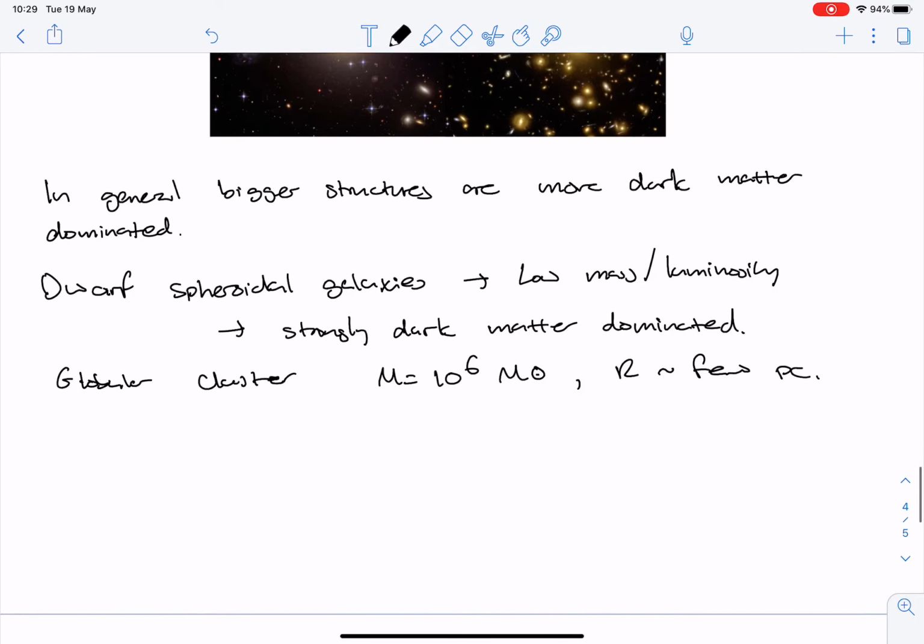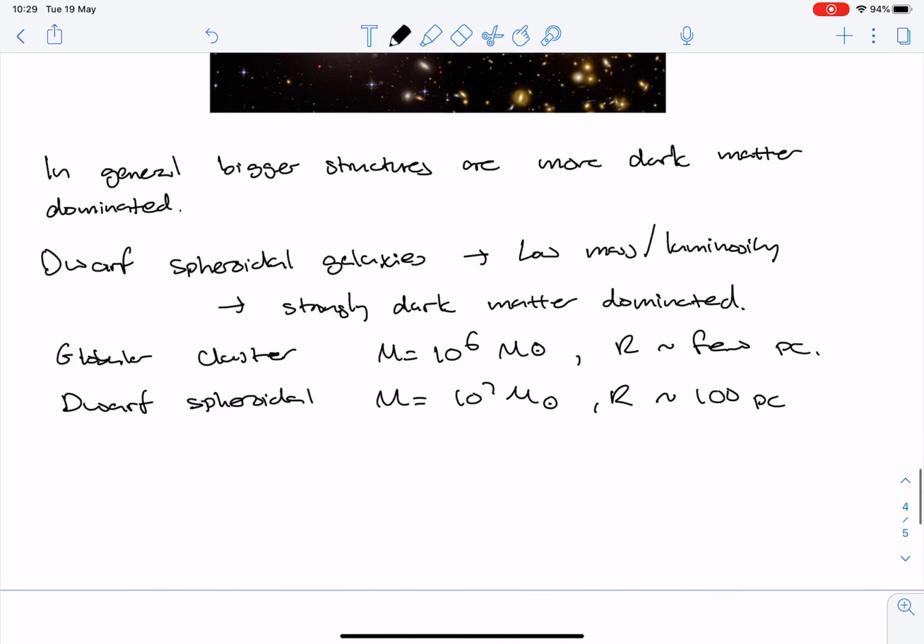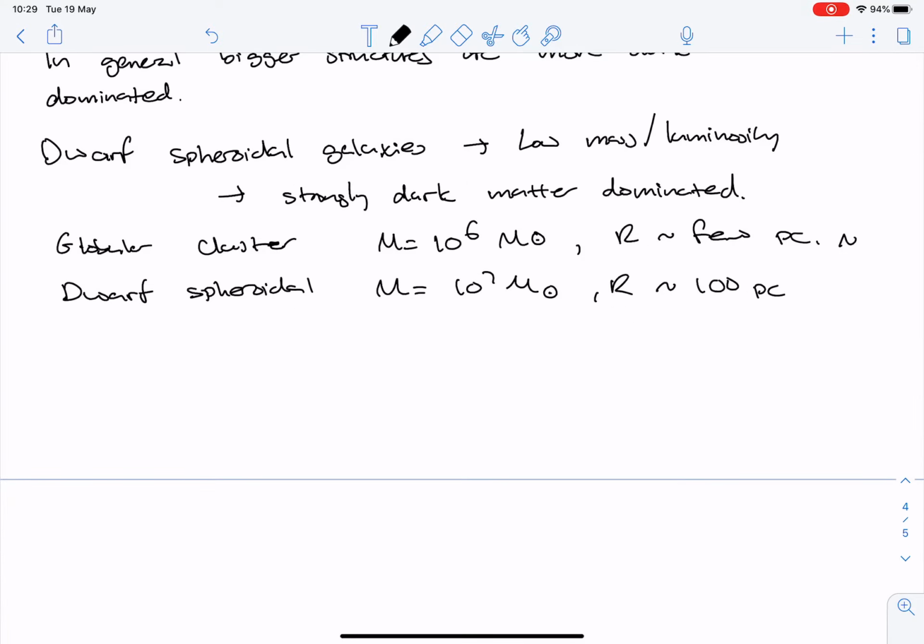And if you take a dwarf spheroidal galaxy, the mass is perhaps 10 to the 7 solar masses, and the R is perhaps 100 parsecs, so they're much lower density. But in this case, you've got no dark matter, and in this place you have lots of dark matter. And in fact, these dwarf spheroidals are weird because they're some of the most dark matter dominated places in the universe. So there's a bit of a puzzle there.